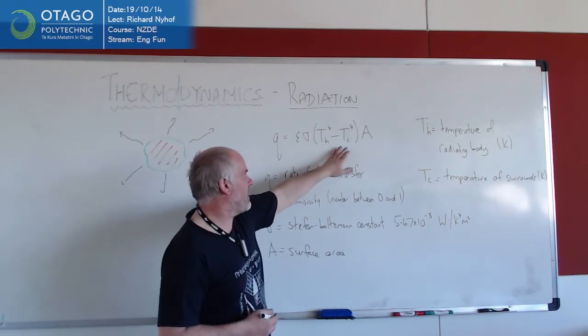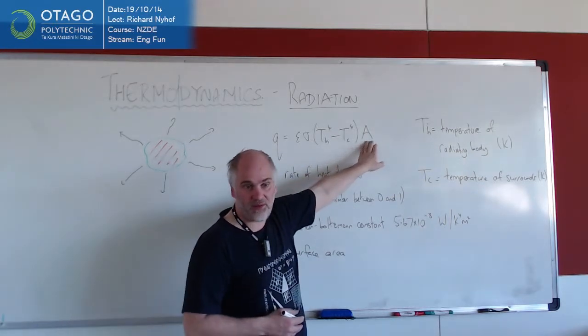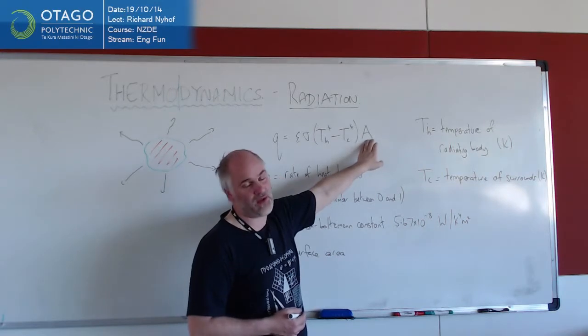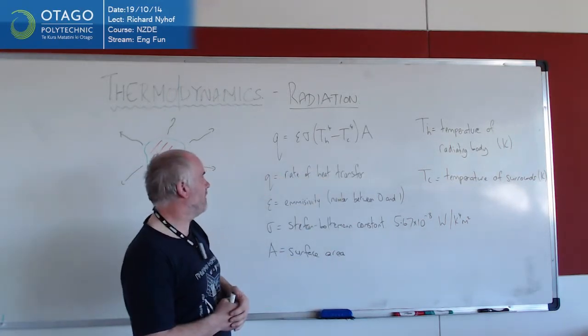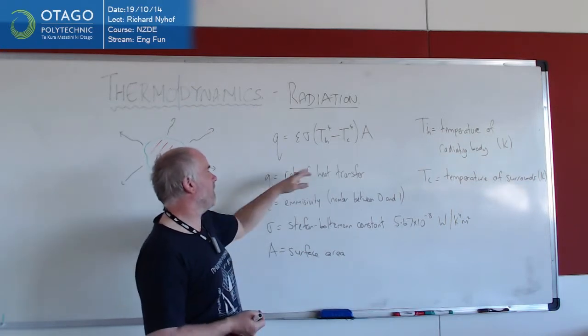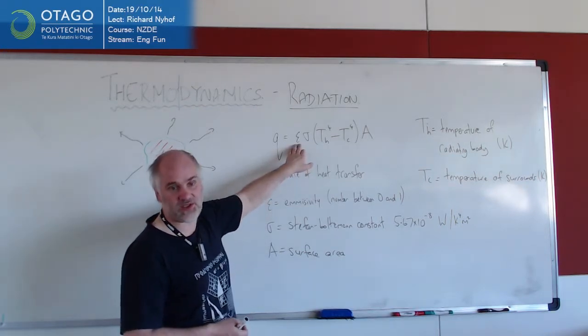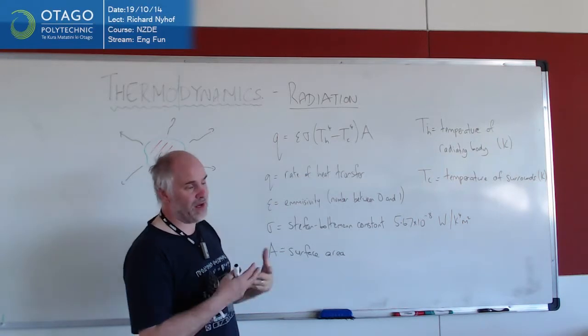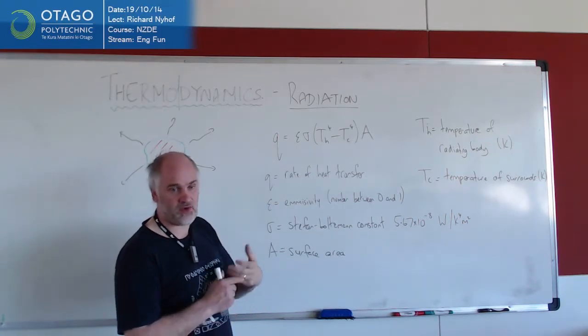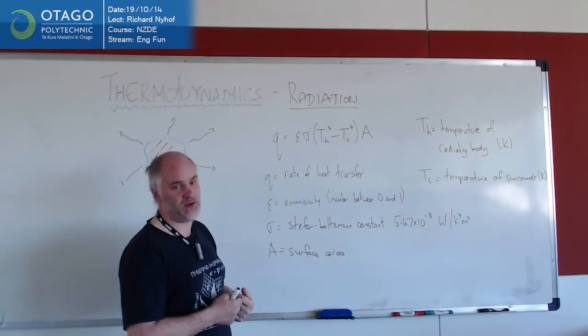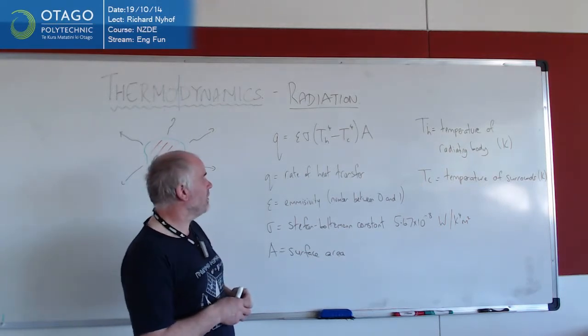How much is going to radiate? Well, the area is going to be one of the things that affect that. So we could figure out how much area we could have available to have only the desired heat transfer. Or we could figure out how much we need to change the emissivity by. So if we painted our object a different colour, how much would that affect the radiation? If we gave it a shiny surface, how would that affect it? All those sorts of things that we can affect things with.